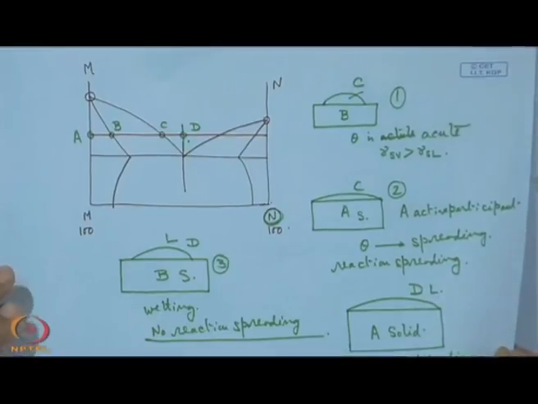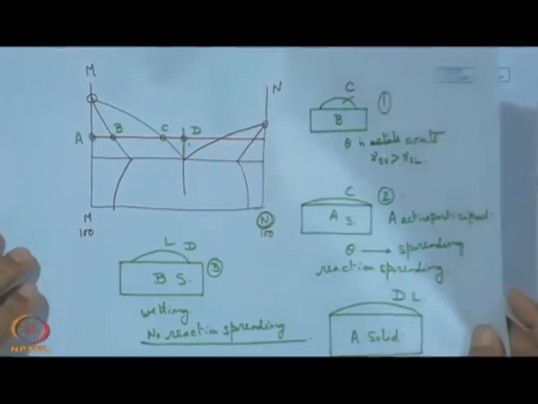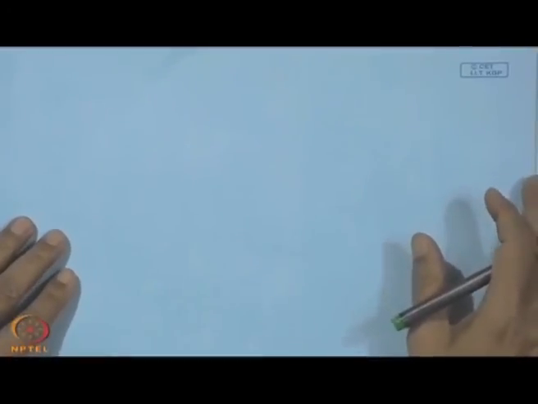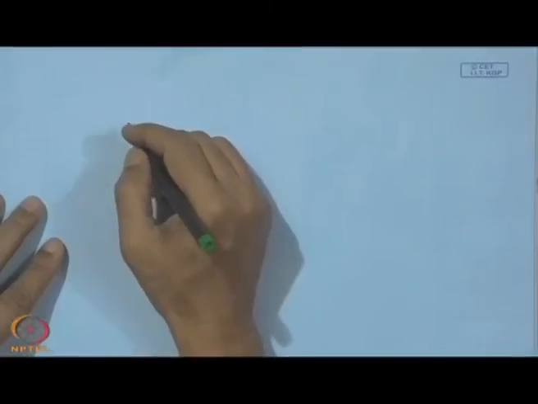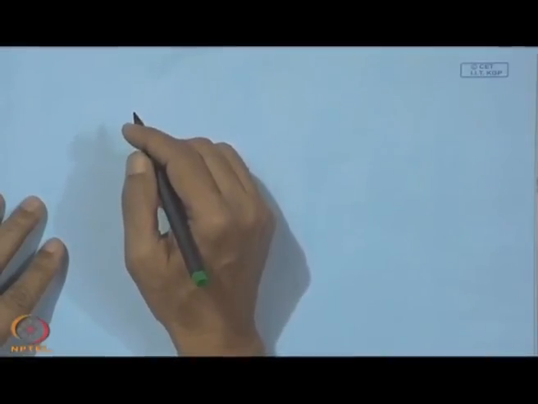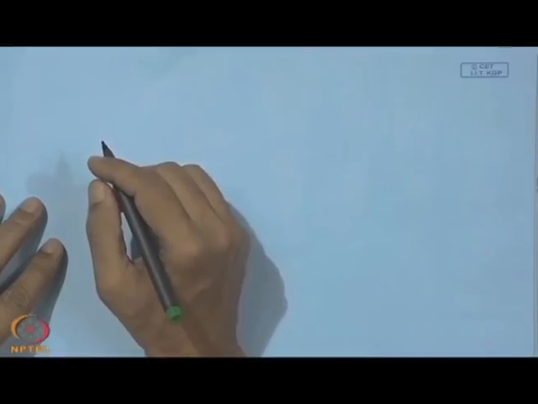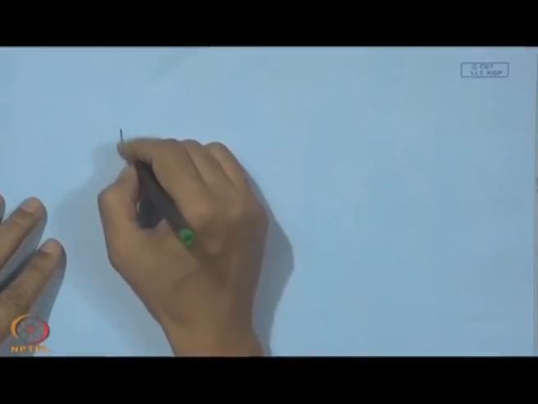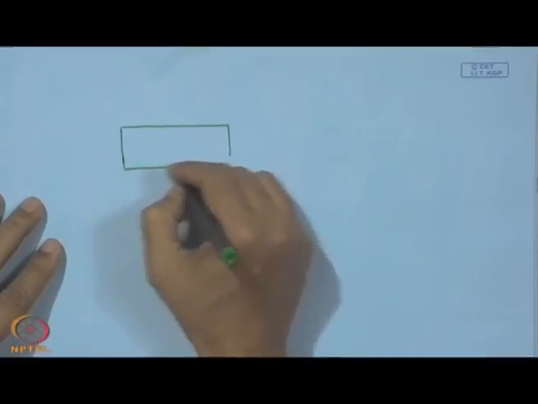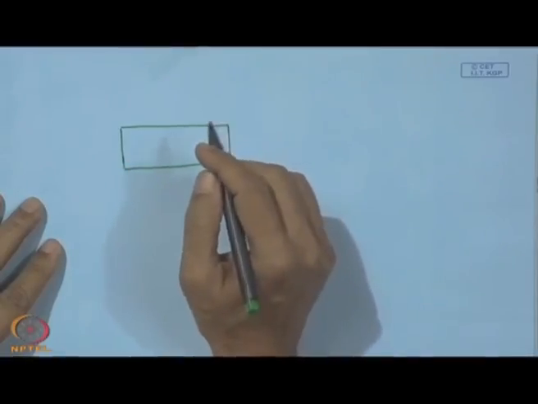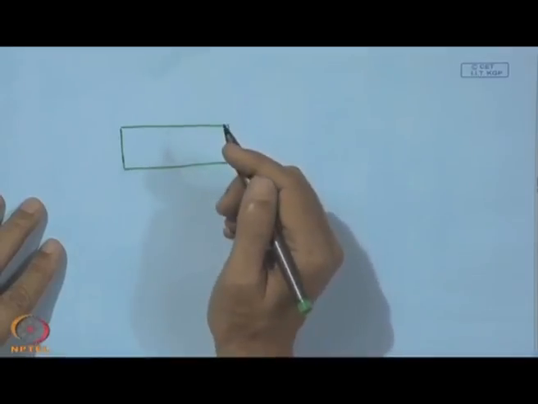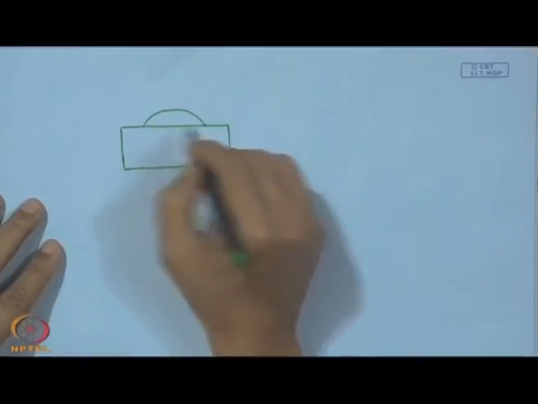Now, this idea can also be extended to the joining of ceramics, where we find that a ceramic, known for its ionic or covalent nature, does not have the free electrons to share and to bridge a continuity across this interface.